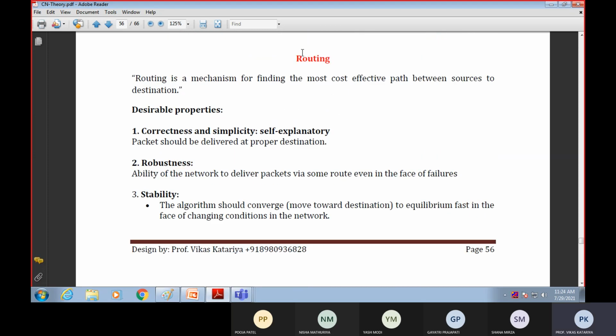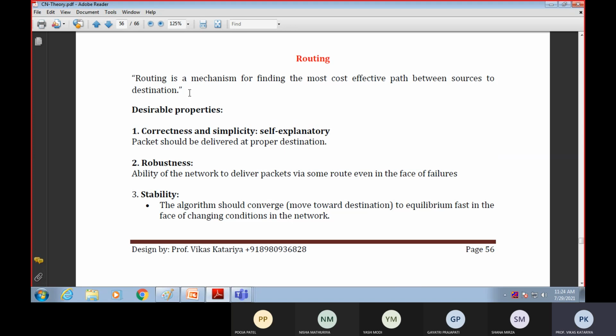Now let's understand the next topic, routing. Routing is a mechanism for finding the most cost-effective path between source and destination. We have already discussed the circuit switched network, in which we designed a diagram where some workstations are available and some nodes are connected to each other.